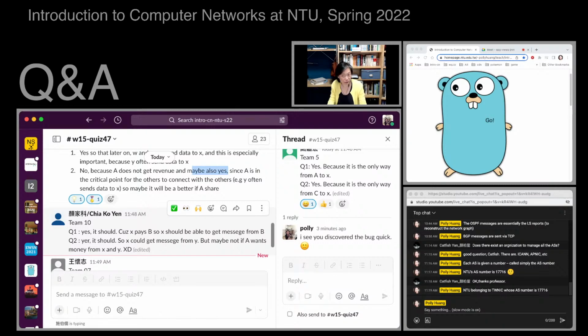It can be a little bit political. You kind of need to be nice to others in order for others to be nice to you as well. But you're not getting any revenue. So there are probably things you can do, but there are probably things you cannot do but to cooperate.